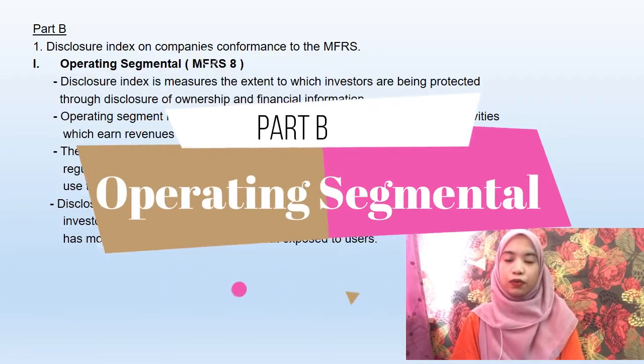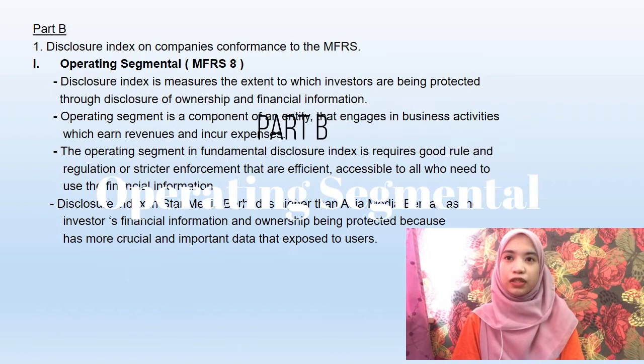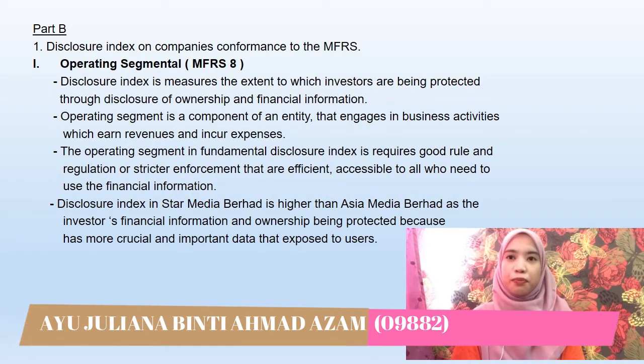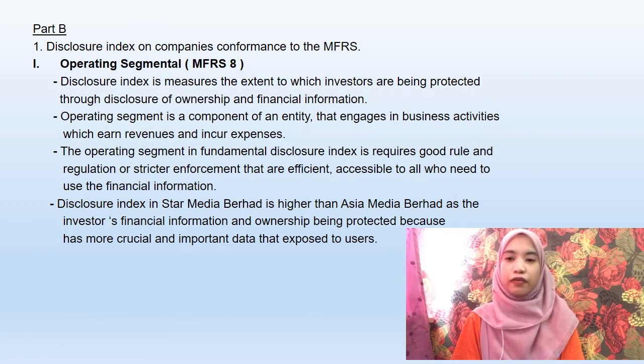Part B, Question 1. Disclosure Index on companies conformant to the MFRS. For Operating Segments MFRS 8, the Disclosure Index measures the extent to which investors are being protected through disclosure of ownership and financial information.